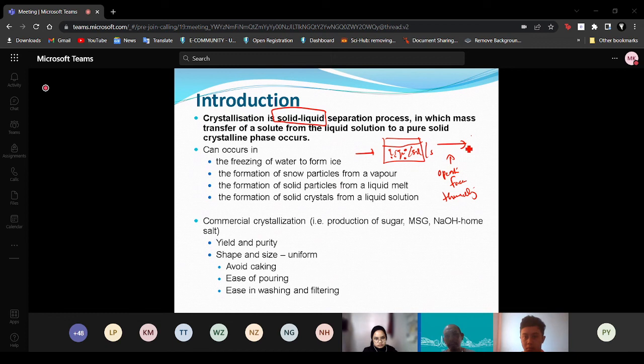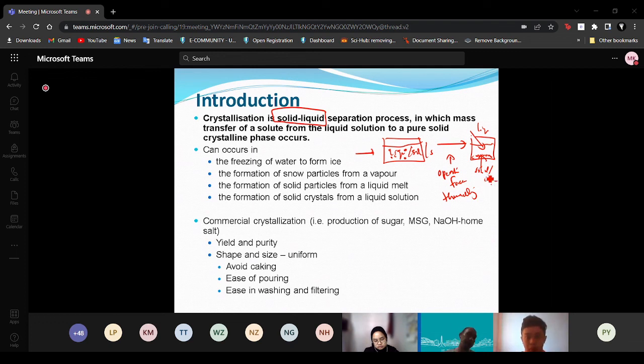Now the solid, in terms of ions for example, is still soluble in the liquid, so you will get liquid and also your solid. This is still in your liquid, and this is now solid in terms of crystal.